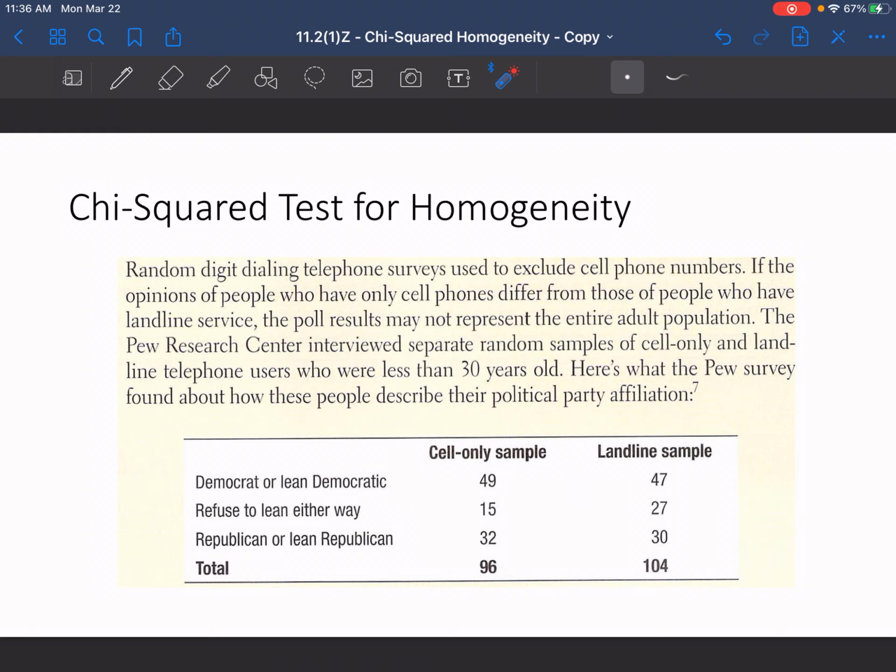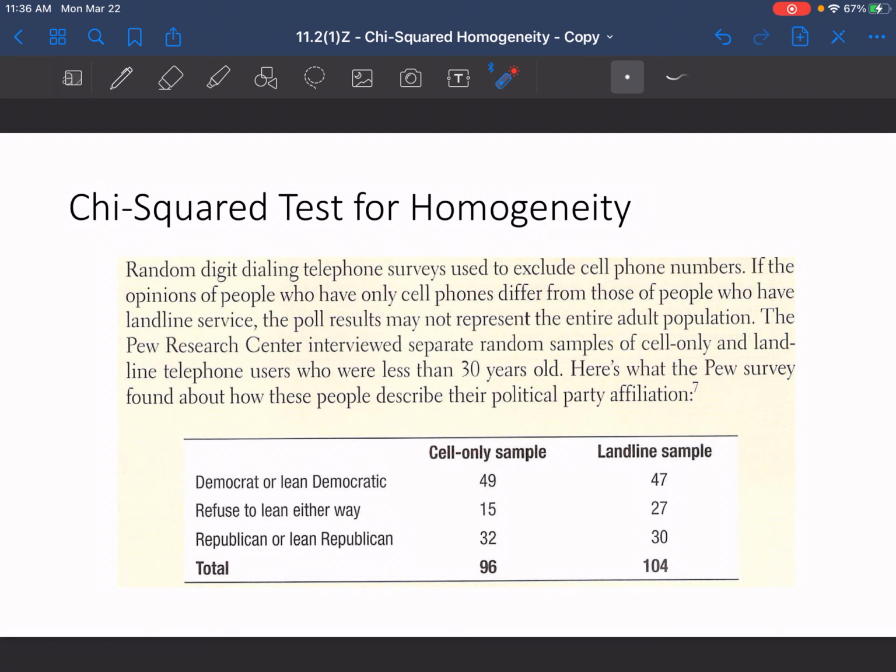Random digit dialing telephone surveys used to exclude cell phone numbers. If the opinions of people who have only cell phones differ from those of people who have landline service, the poll results may not represent the entire adult population. The Pew Research Center interviewed separate random samples of cell-only and landline telephone users who were less than 30 years old.